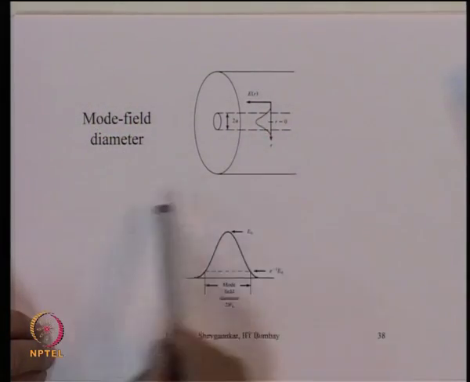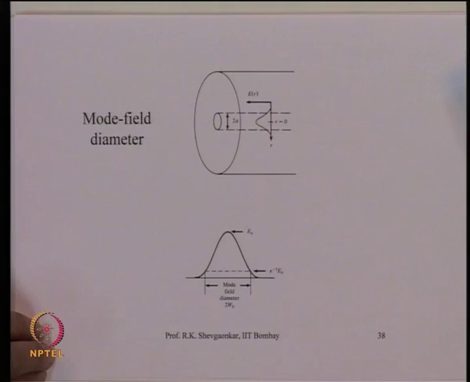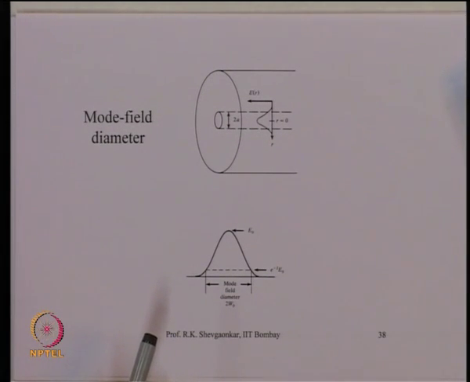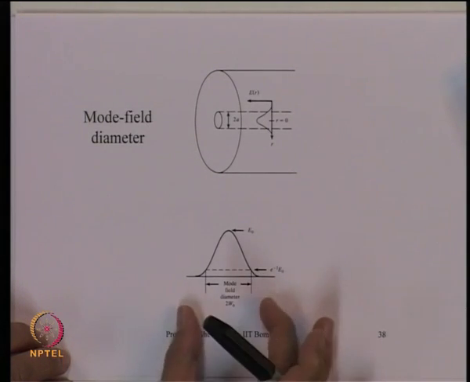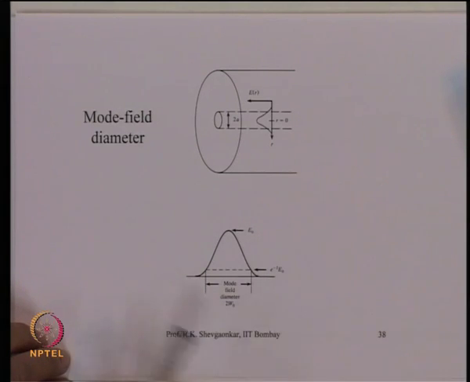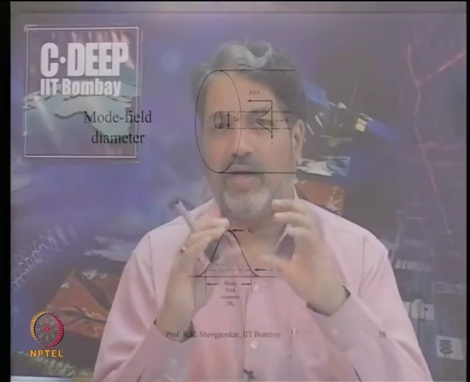So, inside a single mode fiber, this is the core, which is now very small, and that is the field distribution which we can approximate by a Gaussian distribution. Then one can say where the field dies down to 1 over E of its maximum value, if I get that point, and if I measure that diameter, it is the effective width over which the field is confined inside the optical fiber.